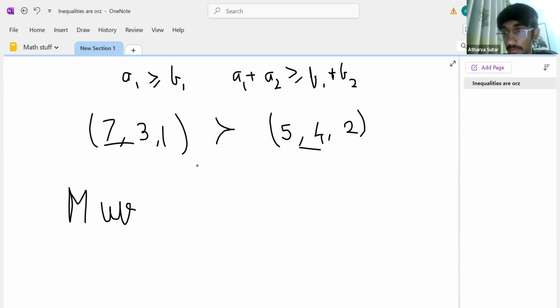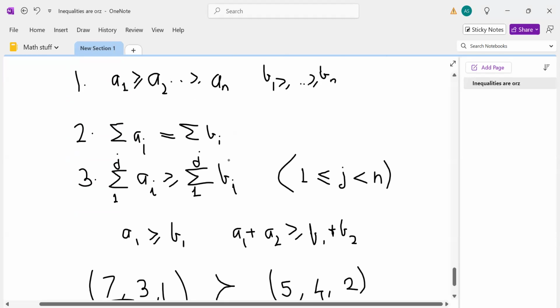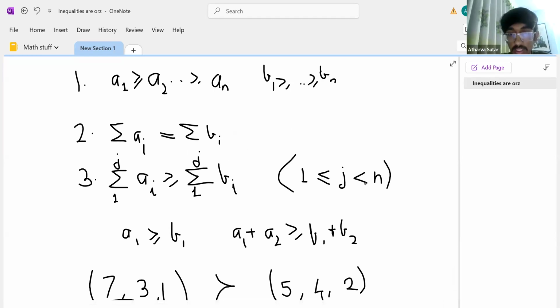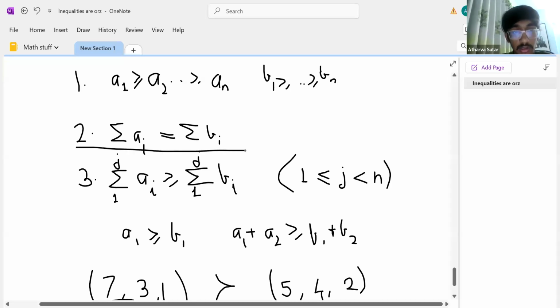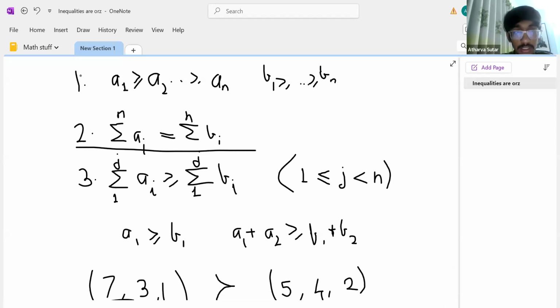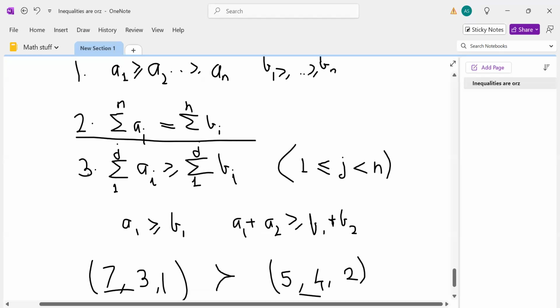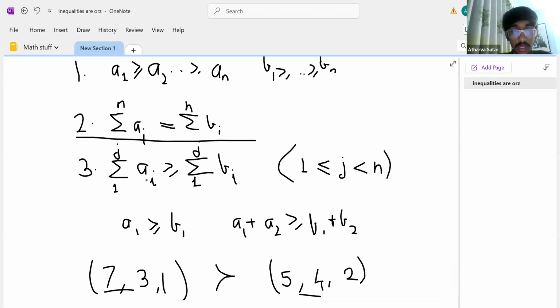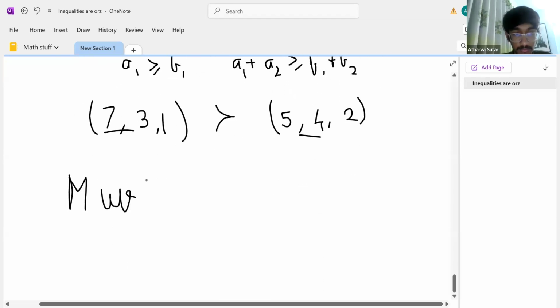When j is equal to n, that is the second condition, where the sums must be equal. Anything below that, one has to be greater than the other, the same one each time. All of these three conditions have to hold for majorization to work.